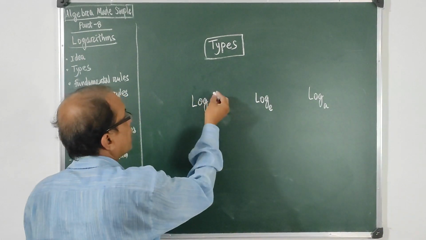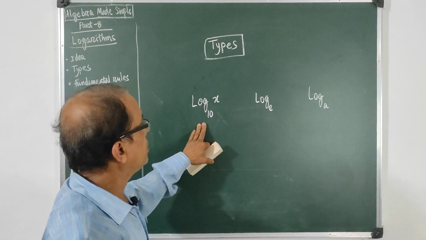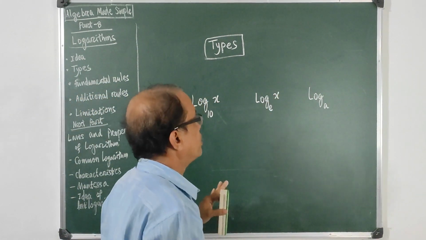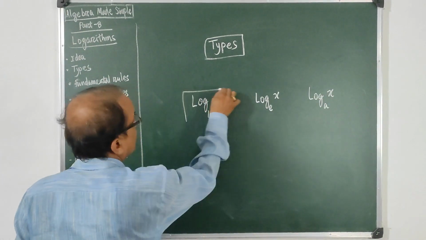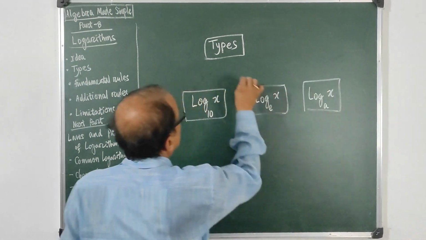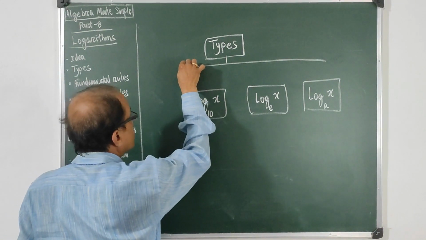If we have a number x whose logarithm to the base 10 is to be calculated, or log x to the base e, or log x to the base a, then these three logarithms will have different names. The logarithms are classified into three types.